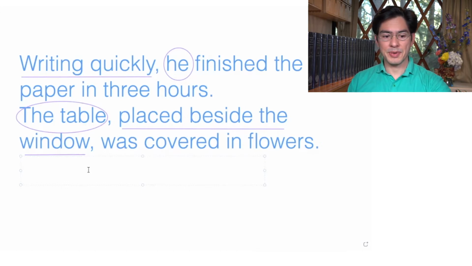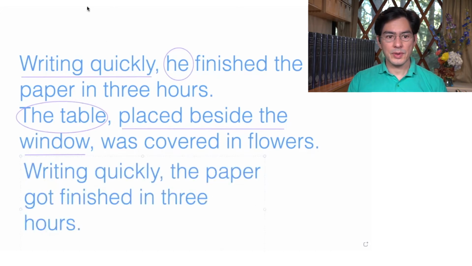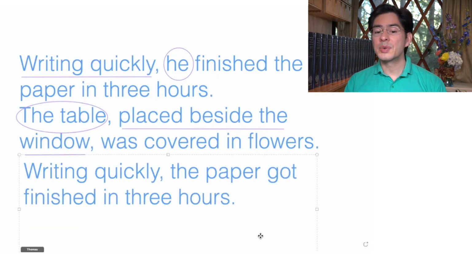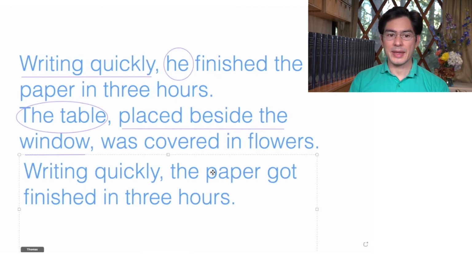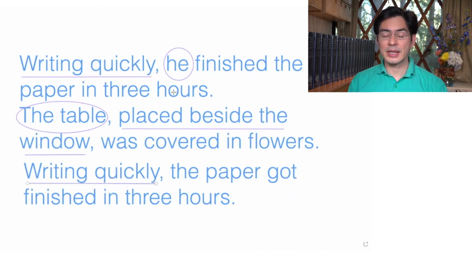So let me pull up an example that I thought of. Here is an example. Writing quickly, the paper got finished in 3 hours. Here we have a participle phrase, the same one as in our first sentence, writing quickly.